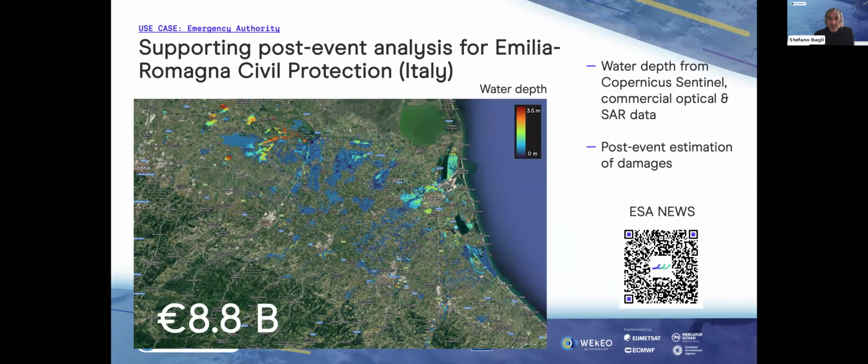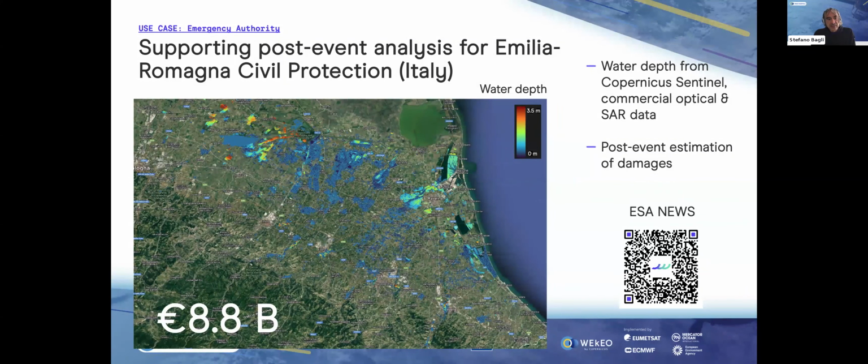And thanks to our satellite-based routines, we also supported the region to assess the flood extent in 2023. And we also contributed to evaluating not only the extent, but also the flood depth, the water depth, which is an important parameter to evaluate and estimate the total damage.